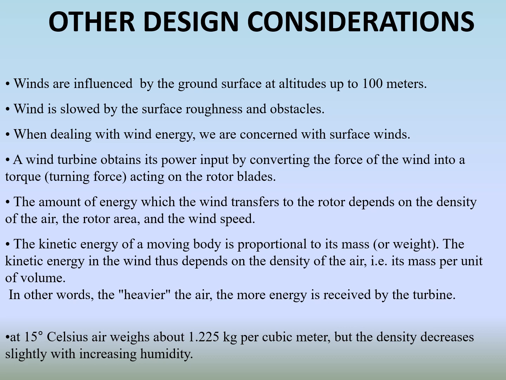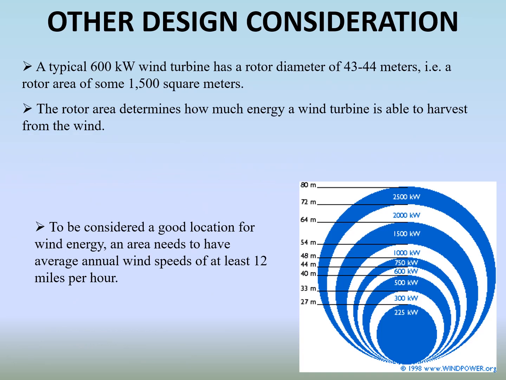In other words, the heavier the air, the more energy is received by the turbine. At 15 Celsius, air weighs about 1.225 kg per cubic meter, but the density decreases slightly with increasing humidity.